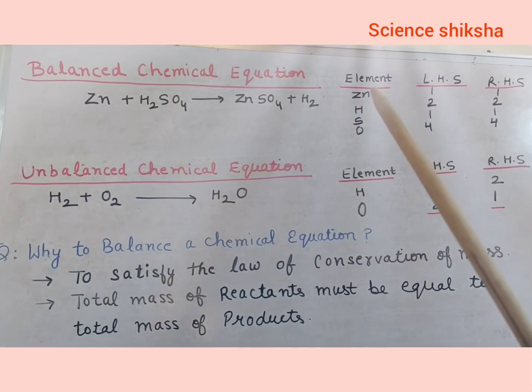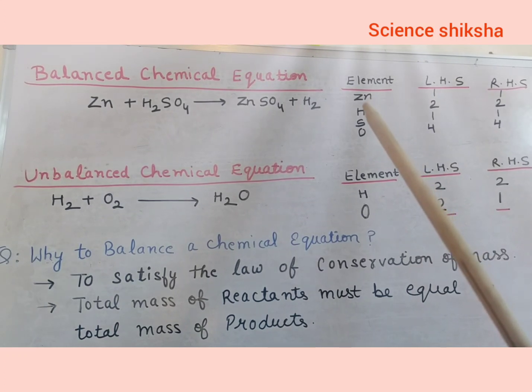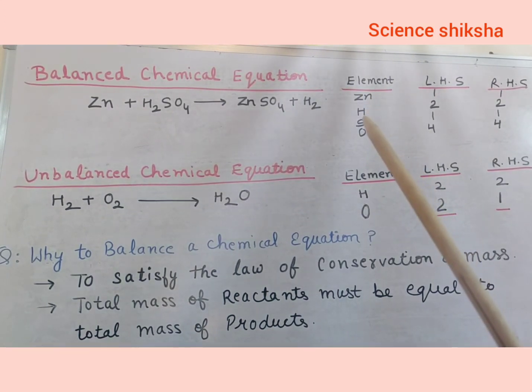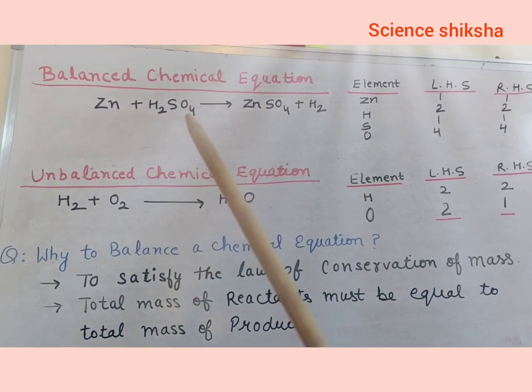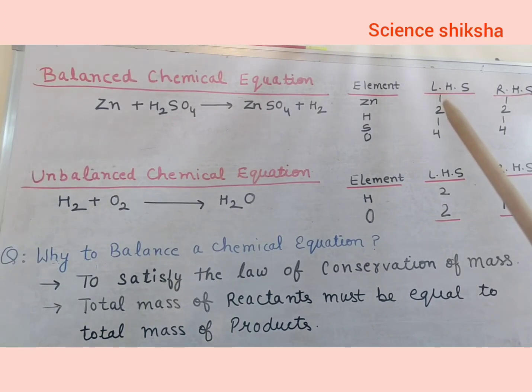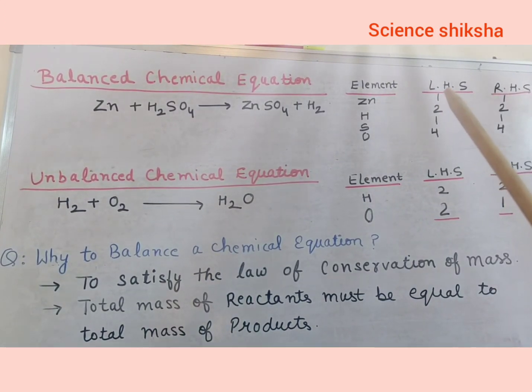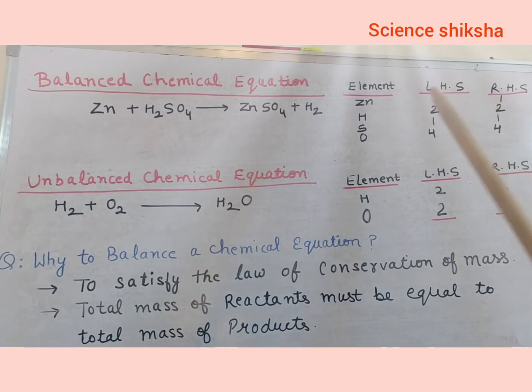Now write the elements that are present in the equation: zinc, hydrogen, sulfur, oxygen, on both sides, and write the number of atoms of the elements on the left hand side as well as on the right hand side.